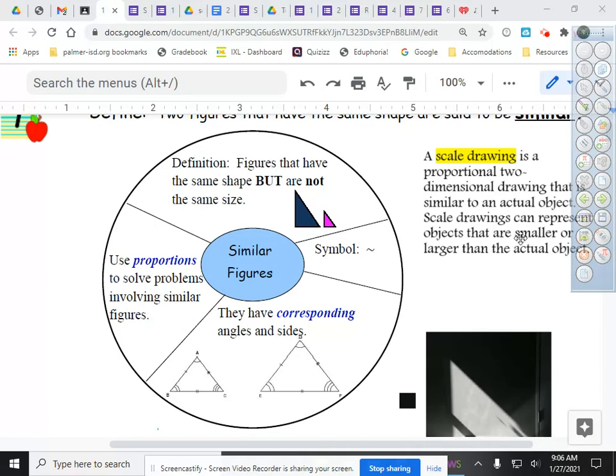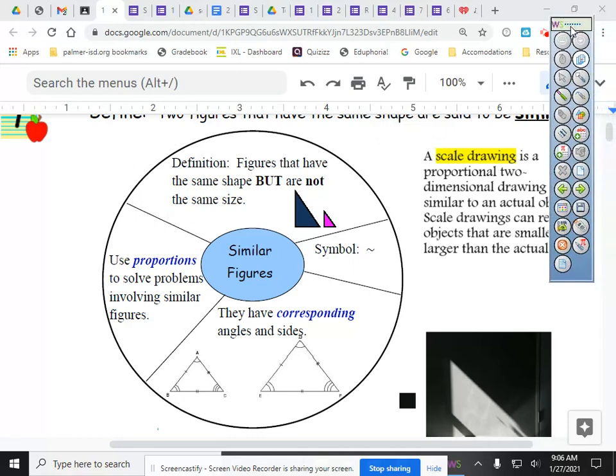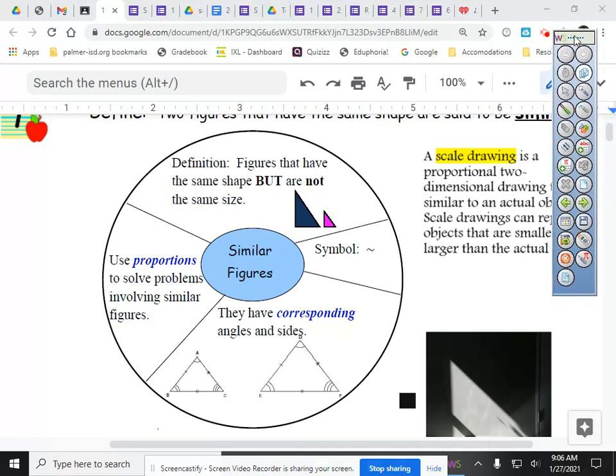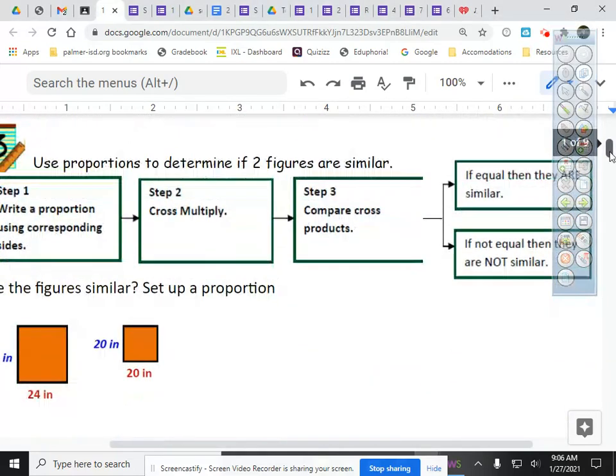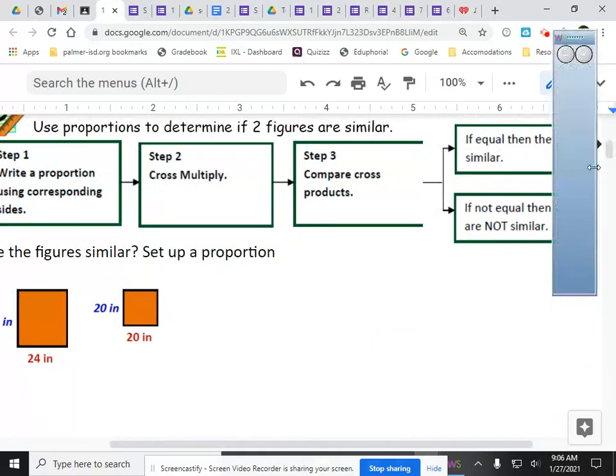Cells, yes. People use scale drawings all the time. I know you're probably not going to draw a cell when you build your house, but you know what I mean.